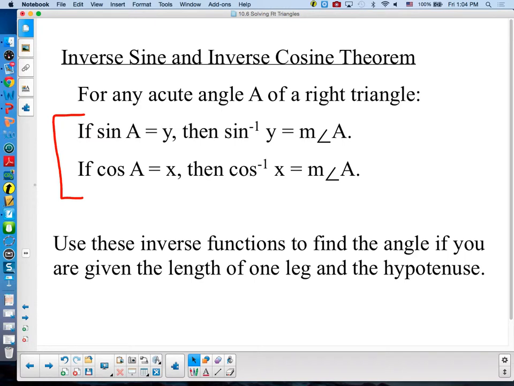If you know the cosine of the angle, then cosine inverse will give you the angle measure. Writing those down or reading that probably doesn't make a lot of sense until I put the number in there. If you're putting a number in to help it make sense, that's fine.